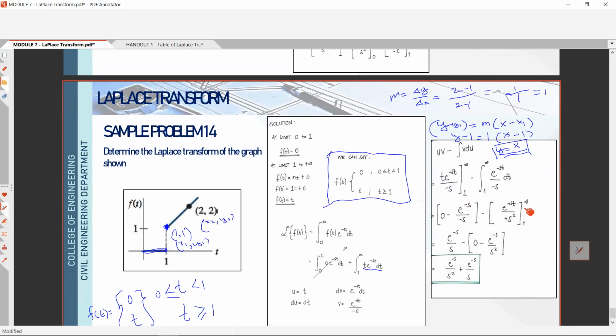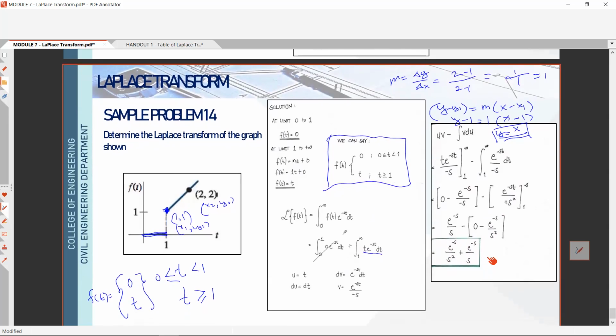Infinity approaches 0 because it becomes the denominator again, then substitute 1. Therefore e raised to negative s over s squared. What you have left is e raised to negative s over s squared plus e raised to negative s over s.